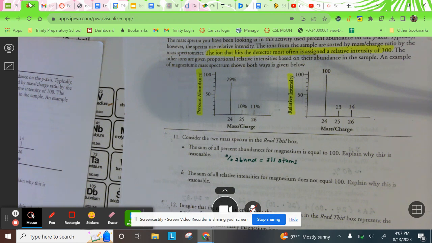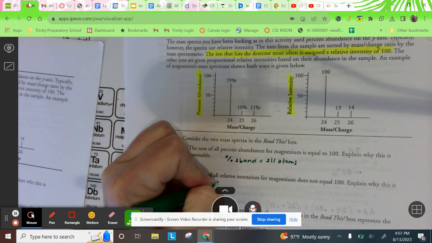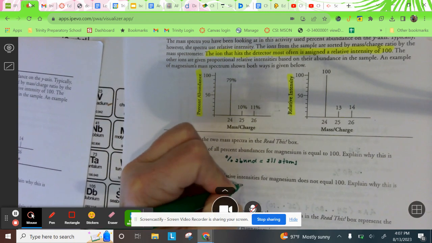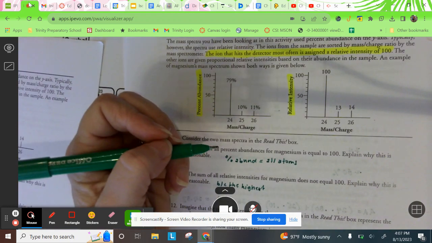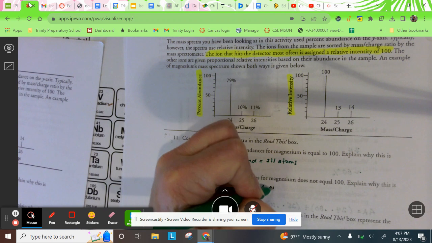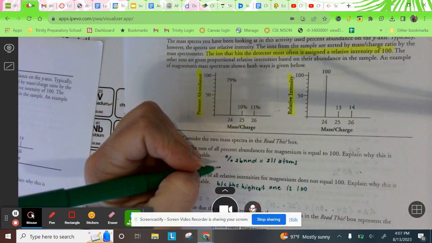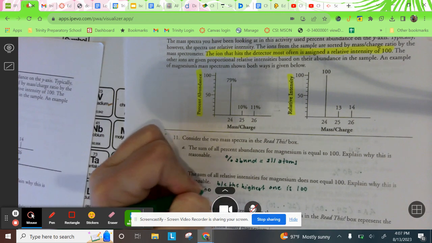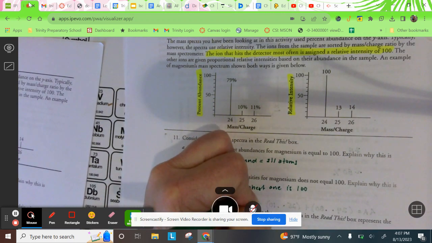Explain why this is reasonable. We just said what we highlighted up here: the highest peak is 100, and that's the one that's most often, so they can't add to 100. Does that make sense?